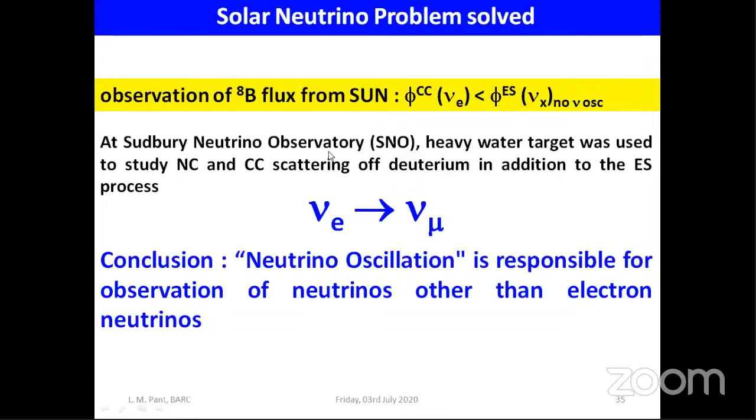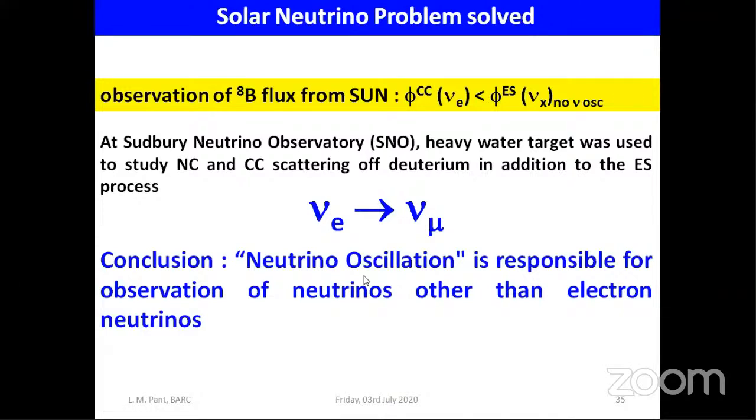So at the Sudbury Neutrino Observatory, a heavy water target was used to study the neutral current and charged current scattering of deuterium in addition to the elastic scattering process, and it was concluded that neutrino oscillation is responsible for the observation of neutrinos other than electron neutrinos.